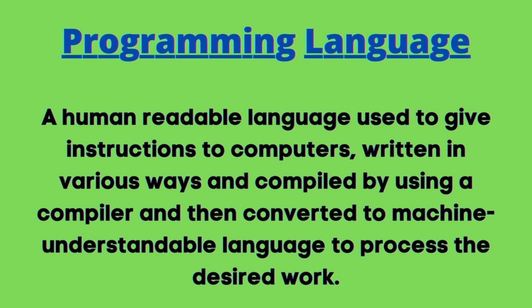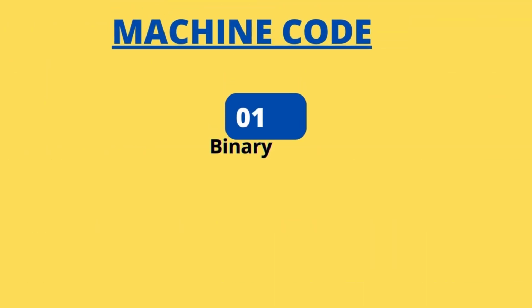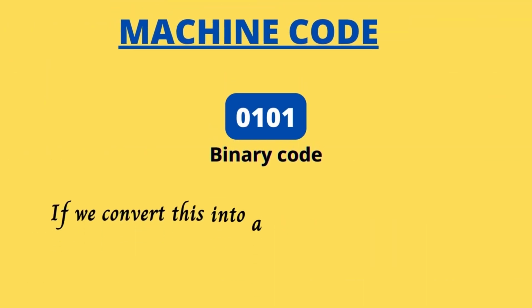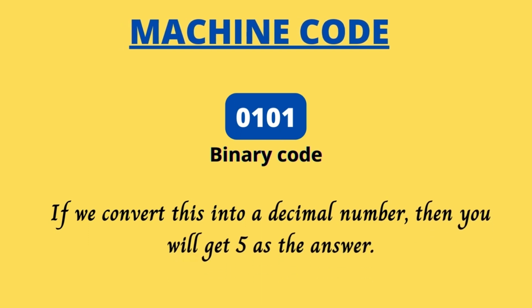There are some programming languages like assembly and machine code. Both assembly language and machine code are low-level languages. Why low-level? Because machine code only represents zeros and ones, that is binary form, which is only understandable by the computer. For example, if I give you 0, 1, 0, 1, can you understand this thing?